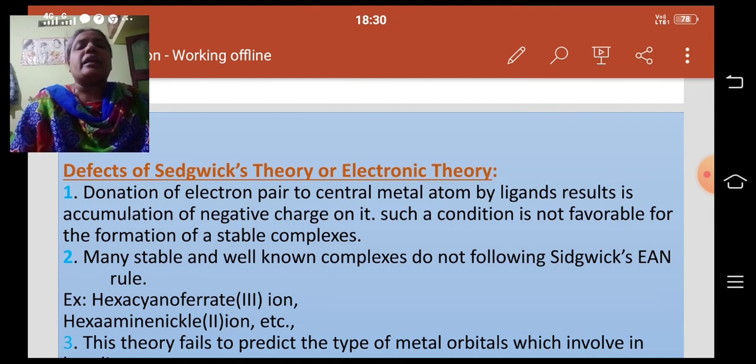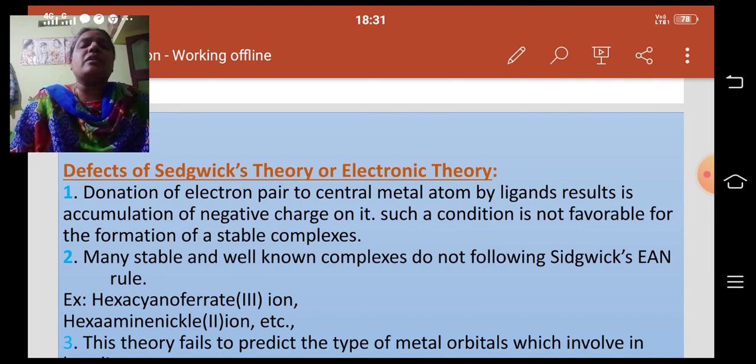In the last slide we observed that in the hexacyanoferrate(II) complex, the 6 cyano ligands donate electron pairs, that is, 6 electron pairs are donated by the 6 cyanide ligands. So overall 12 electrons are accepted from cyanide according to Sidgwick.